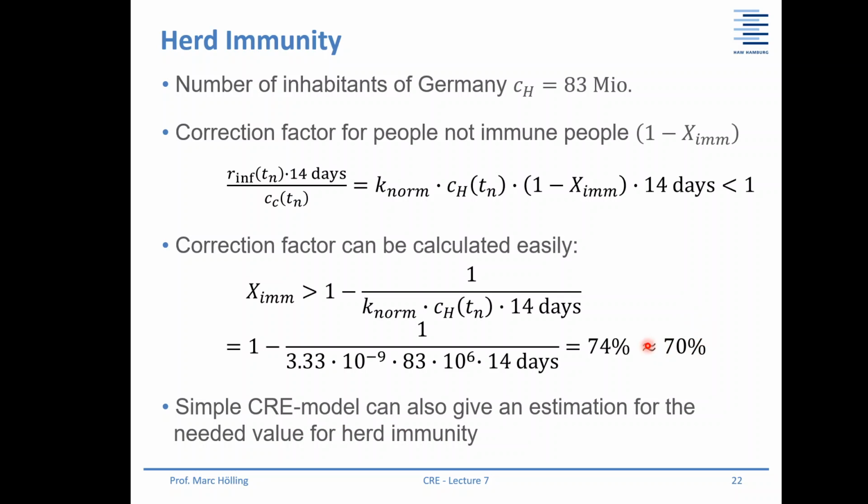So basically, if 70% of the people got the coronavirus or got the proper vaccine, then you are safe. And if there is an outbreak of the coronavirus somewhere, it will not spread all over the place.